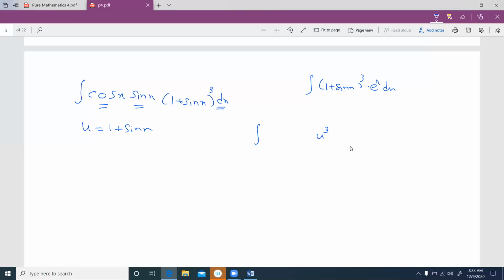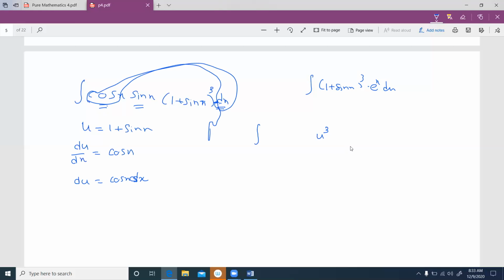Then if you differentiate this, what do you get? du by dx is cos x. Then you can write du equals cos x dx. Now you can see in this integration, this whole part is completed with this.